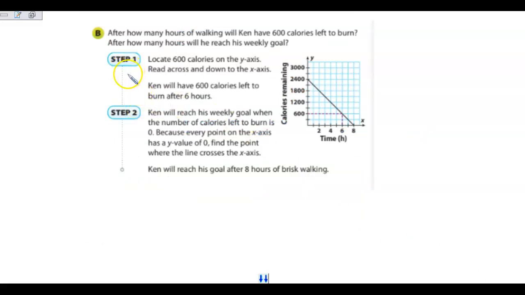After how many hours of walking will Ken have 600 calories left to burn? So we want to know at what point it is going to be 600. Using that same line that we had before, if we come down to where this line is crossing the 600 line here, we see that it's going to take 6 hours.